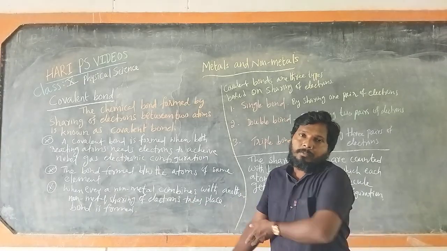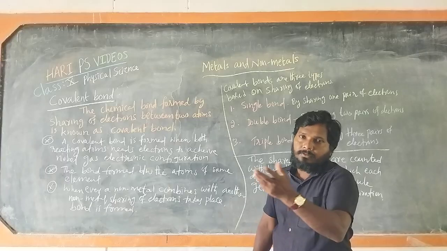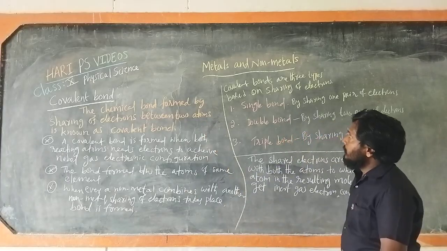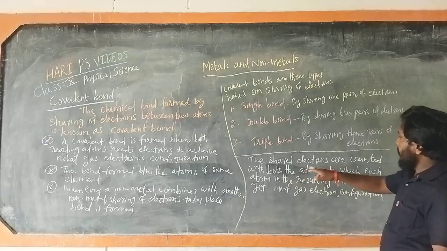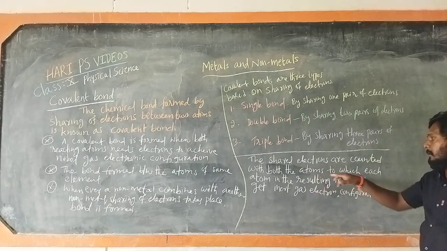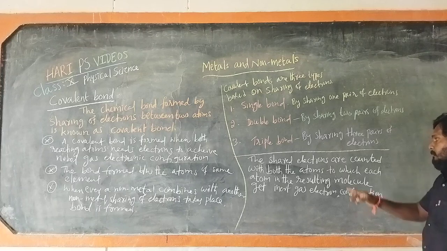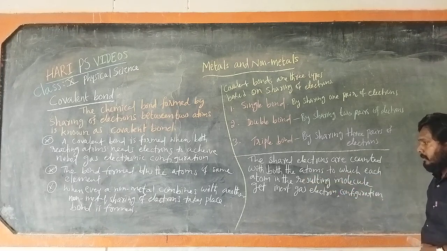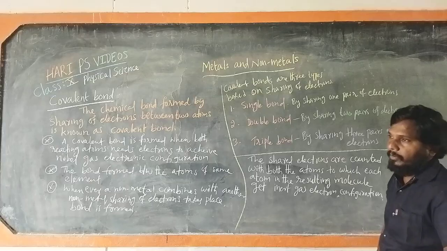The bond formed by sharing of electrons, as you know, is covalent bond. The shared electrons are counted with both the atoms, so that each atom in the resulting molecule gets inert gas electronic configuration.